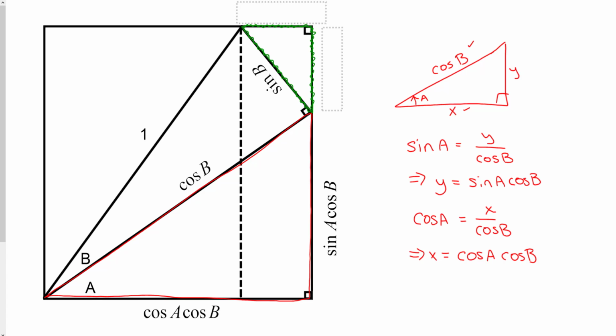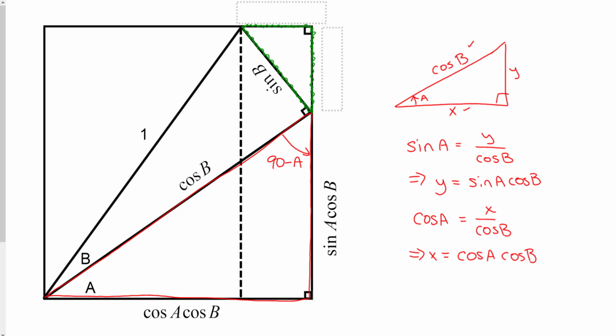So for instance, right here, I can determine what this angle measure is. All the angles in the triangle add up to 180 degrees. We already have a 90-degree angle, so A and this angle add up to 90. So that means this angle measure is 90 minus whatever A is.